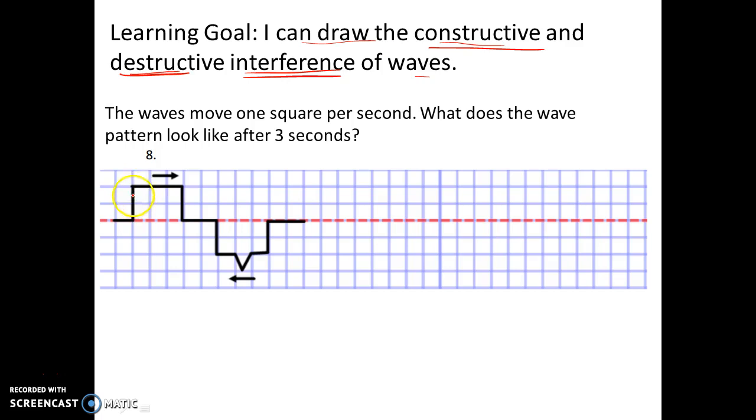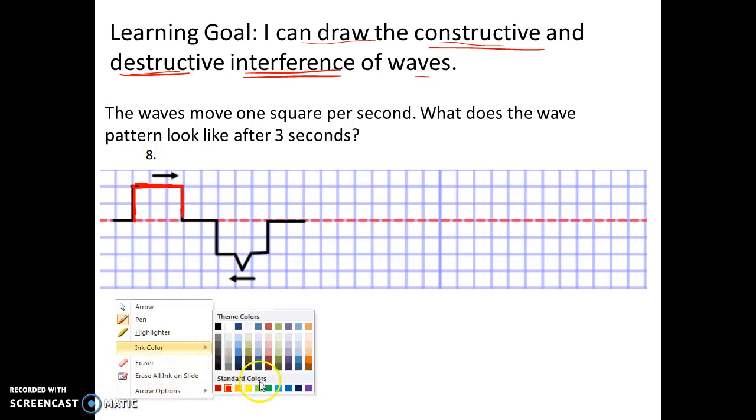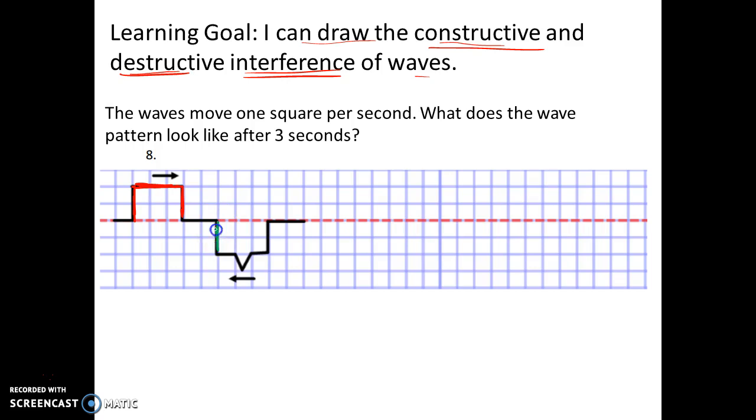So let's try to move them. I find the best way to do this is to give these different colors. So that's one of my waves. We'll use green as my other wave. And let's move this green wave over 3 locations.